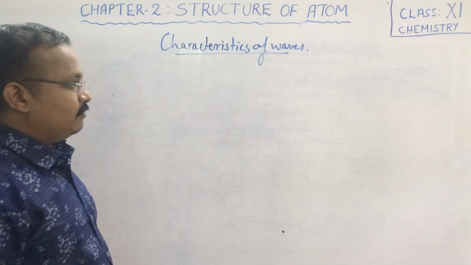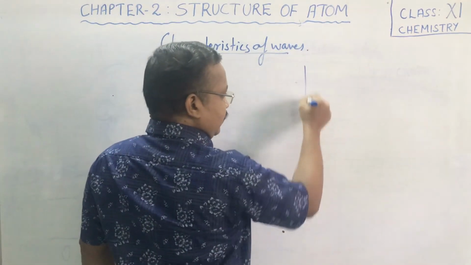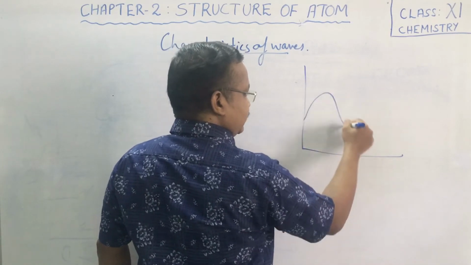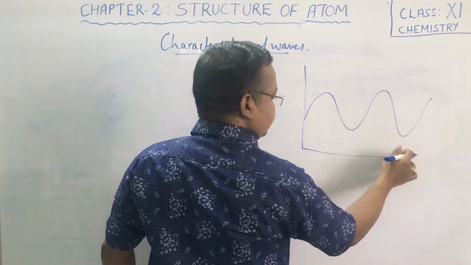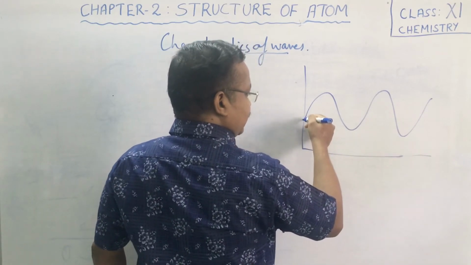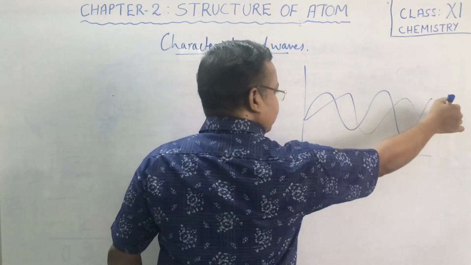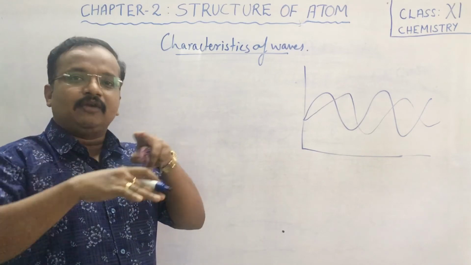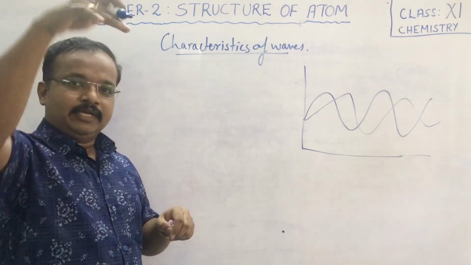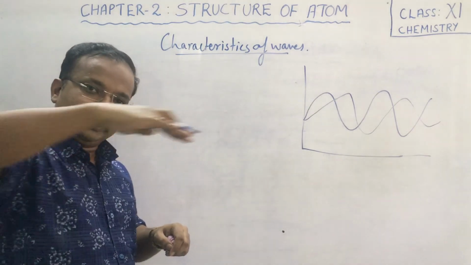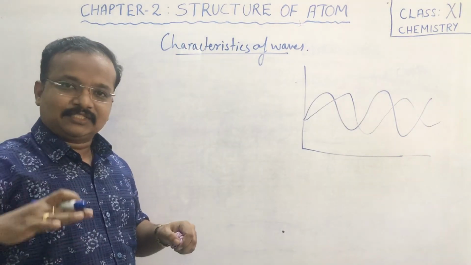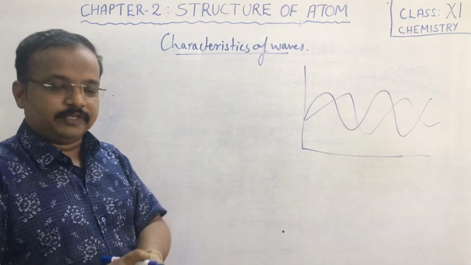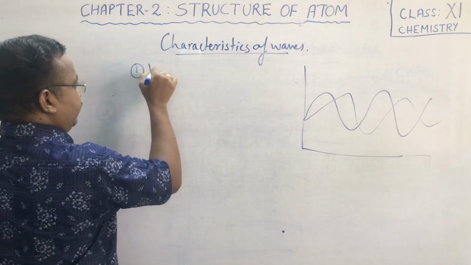As we have just explained, an electromagnetic radiation is composed of electric as well as magnetic waves. These waves are perpendicular to each other. If one wave goes in this direction, then the other one will be moving in this direction. First of all, let us study some characteristics of waves. First one, we shall study wavelength.